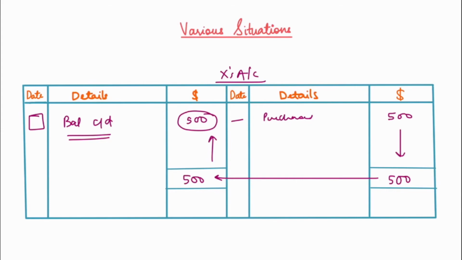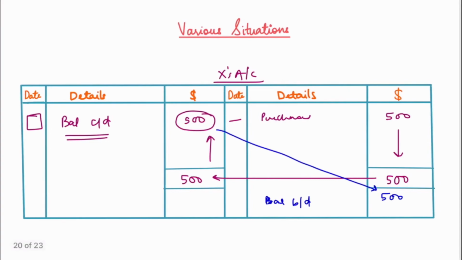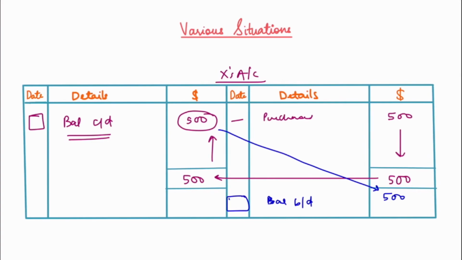Now obviously if the balance has been carried down, then we will have to bring it down. So this balance carried down of 500 will come down on the opposite side of the account, 500 as balance brought down, and this will be the next date, right?